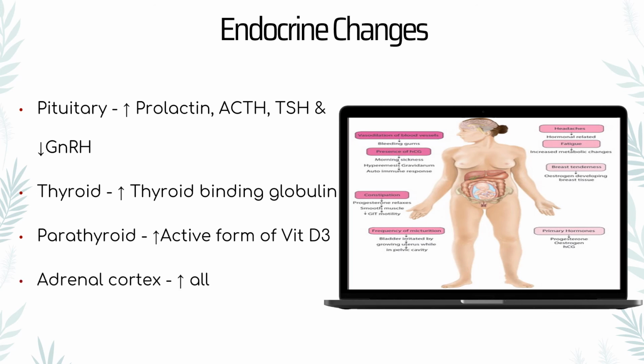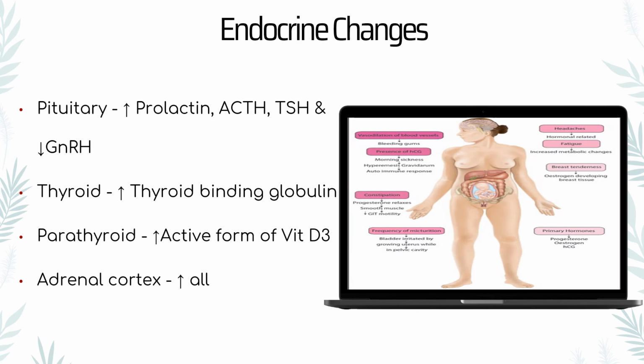Adrenal cortex. The adrenal cortex gets enlarged during pregnancy, and also there is increase in the width of the zona fasciculata, and the concentration of glucocorticoids, which is responsible for the deposition of fat in the adipose tissue and the appearance of the stria.